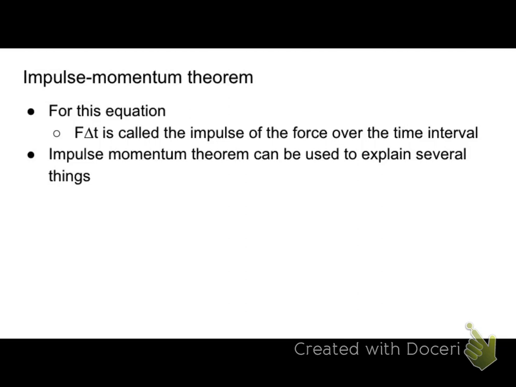So if you can maximize the amount of time that your hand is in contact with the ball, you don't have to hit it as hard to change its velocity and change its momentum the way you want it to. Whereas if you are jumping at the wrong time, or you have the wrong form, or your swing is in the wrong place, you're going to minimize the amount of time that your hand is in contact with that ball, and then you're going to have to hit it a heck of a lot harder to do what you want to do.